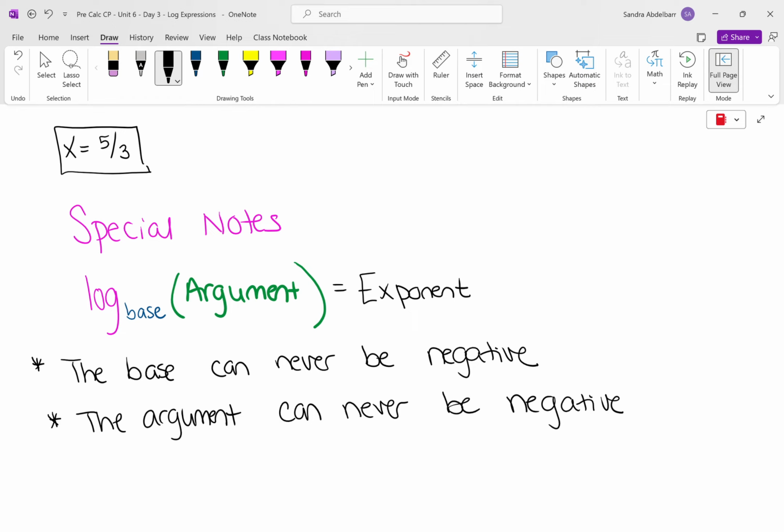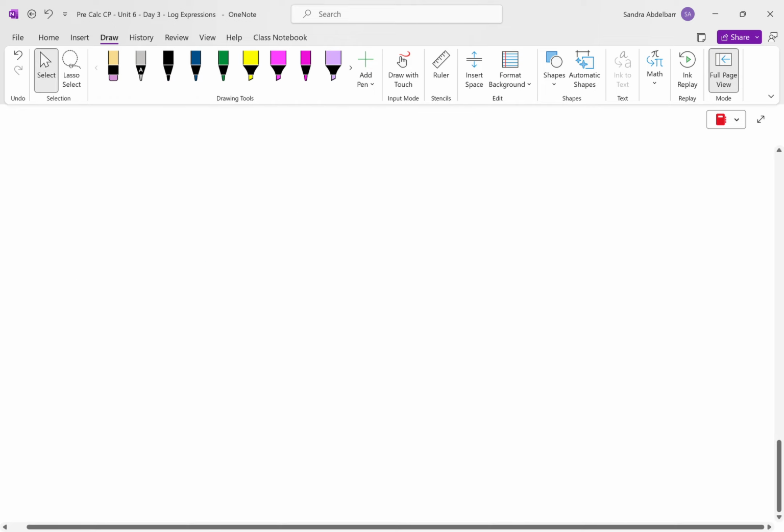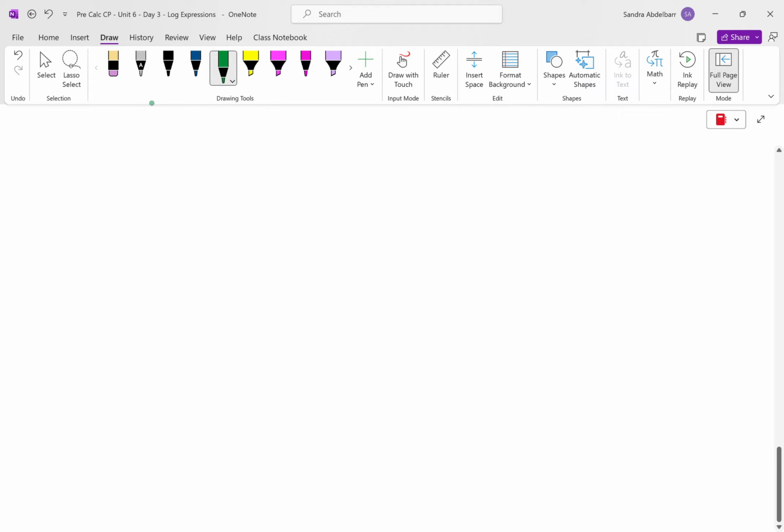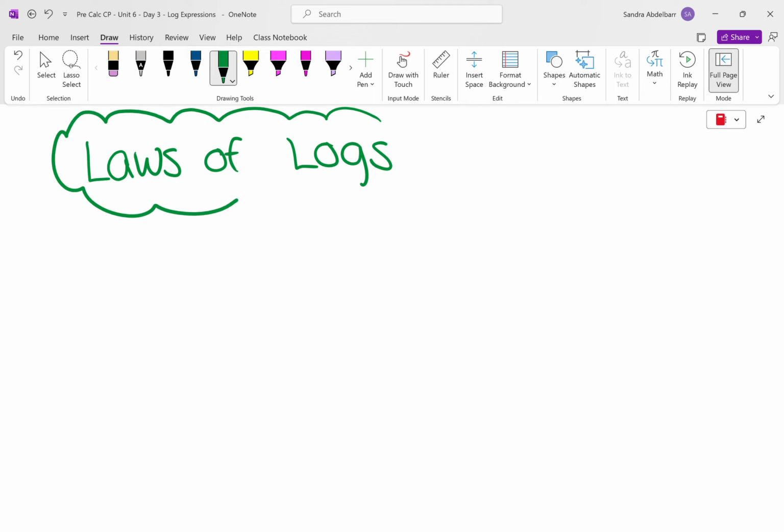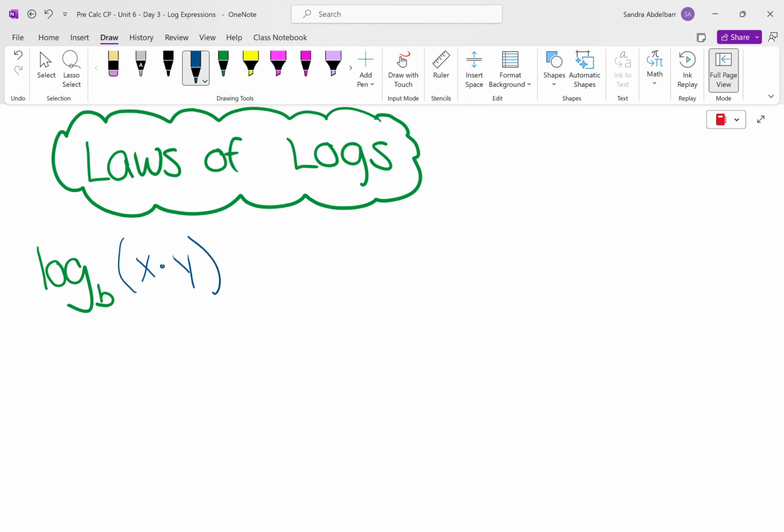All right, are we ready for some more rules? You'll probably remember this once I state it. We call this the laws of logs. All right, so if I have log base b, and there's multiplication in my argument of x times y, we can expand this, and this goes both ways. I can make this into the log base b of x plus the log base b of y.